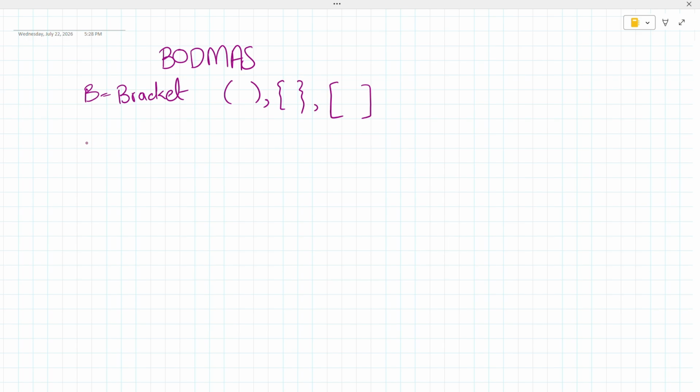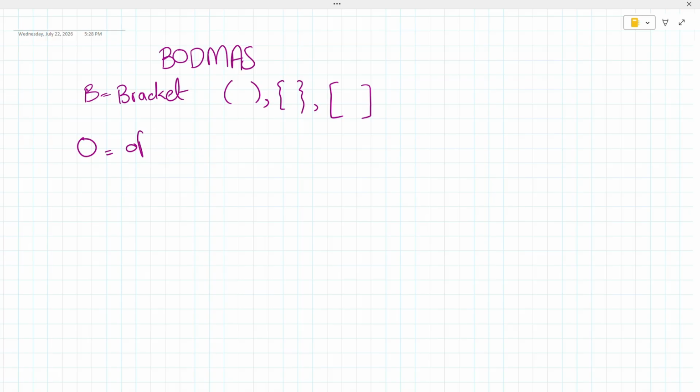The second one is O. Sometimes we mistakenly tell the students that O stands for "of", which means multiply, but this is wrong.